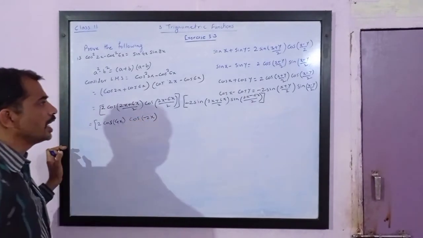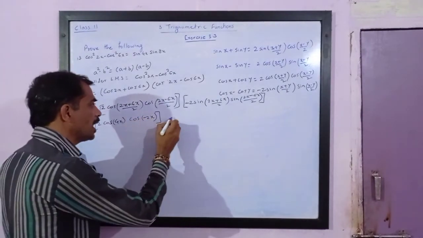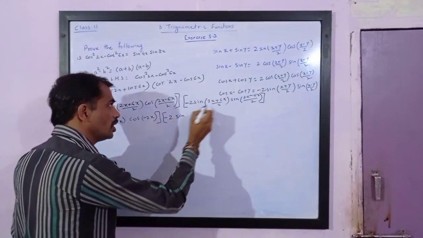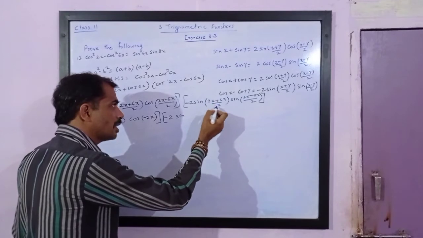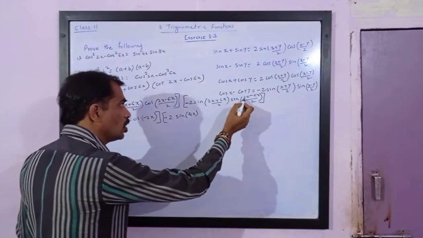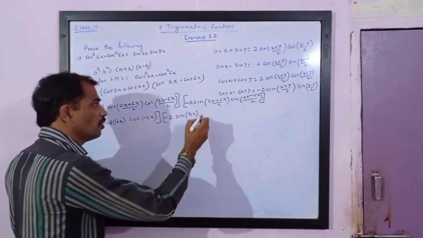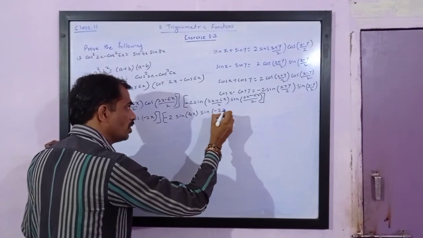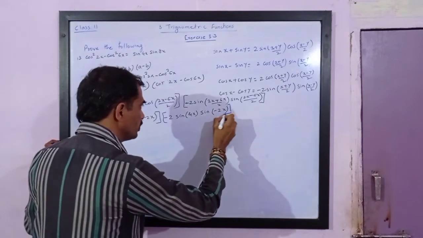Please note we have got the negative angle. Then in the second bracket we get negative 2 into sine of 2x plus 6x is 8x upon 2 is 4x, and 2x minus 6x is negative 4x, sine of negative 4x upon 2, that is negative 2x.